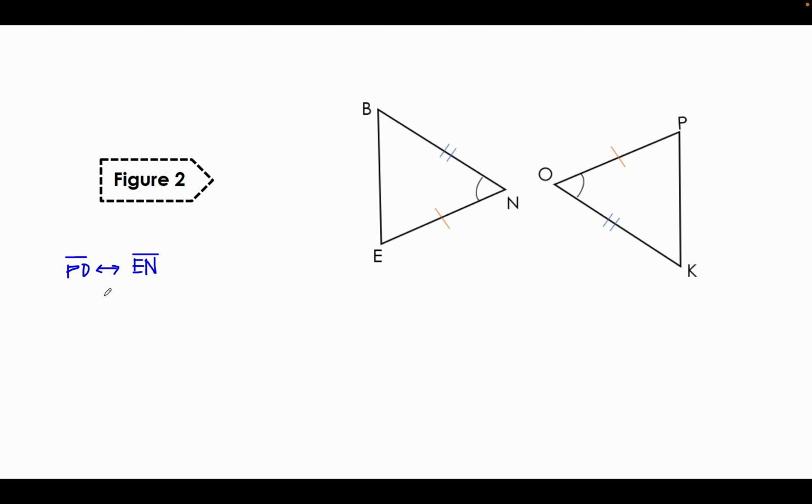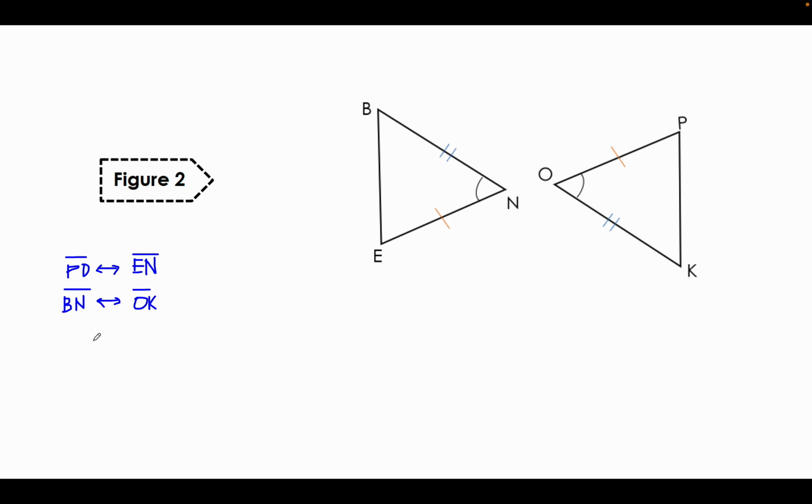What else? Line segment BN corresponds to line segment OK. Okay? And we need one more information in order for us to conclude that the two triangles are congruent by SAS postulate.